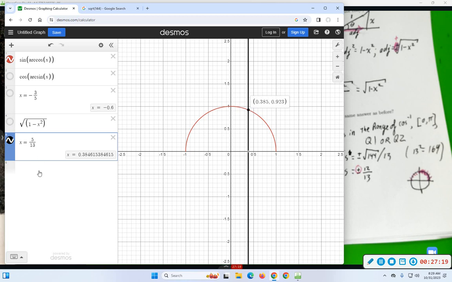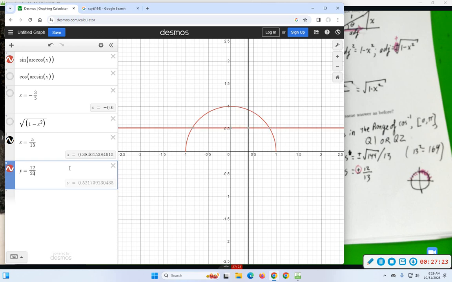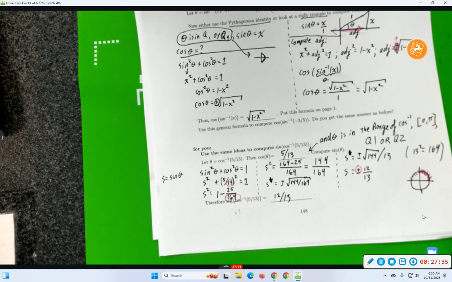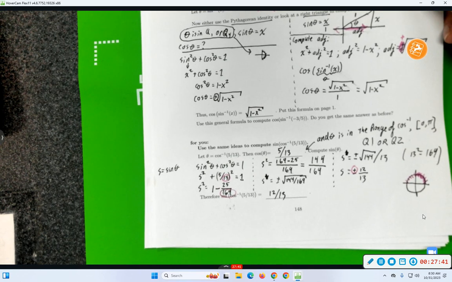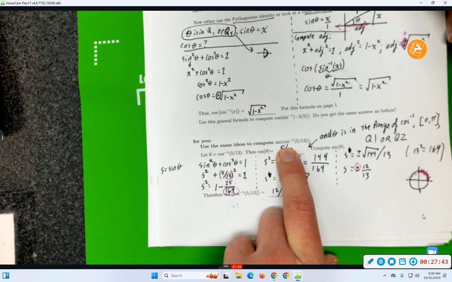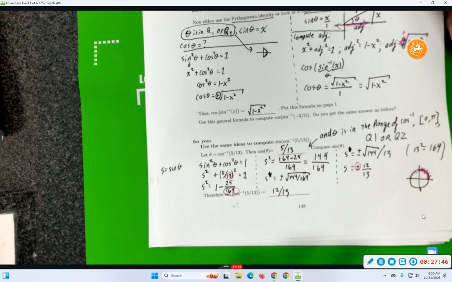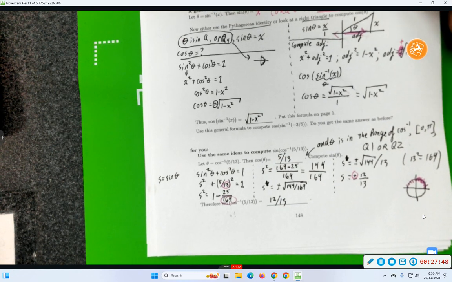Maybe I don't recognize whether or not that's 12 over 13. Well, 12 over 13. Oh yeah, so that's the right X and Y value. Cool. I guess you could also take a calculator and ask it to evaluate sine of inverse cosine of 5 over 13, but I wanted to use a graph this time. Excellent. So we can compute sine of inverse cosine of a fraction using exactly the same procedure.